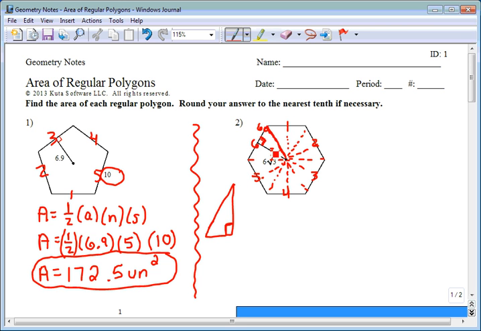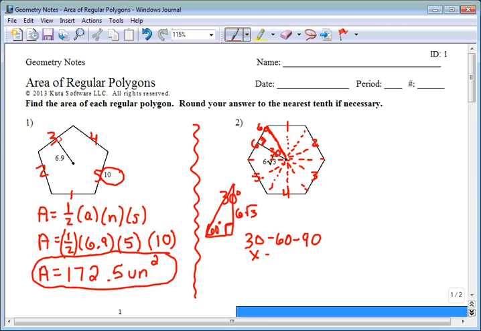You can see that along the side between the 30 degrees and the 90 degrees, I have my apothem labeled as 6 radical 3 units. So let's see if we can fill out any more information. I know I have a 30, 60, 90 triangle.